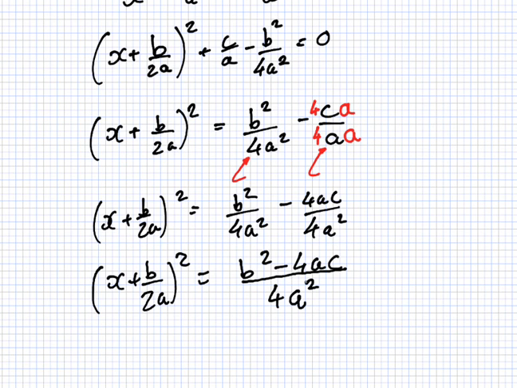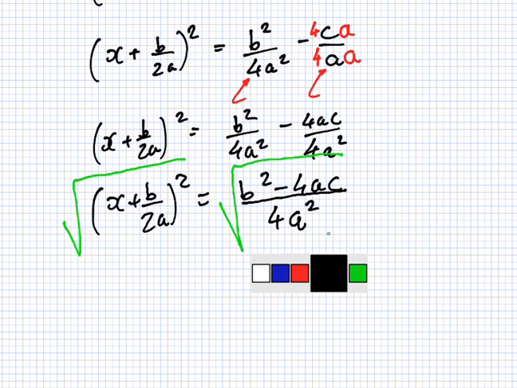Square root what? You can just say square root the left and the right. Yeah, left and right. So I square root the left and square root the right. You agree? Okay, good. I'm glad you agree.